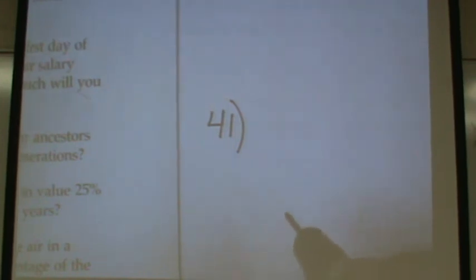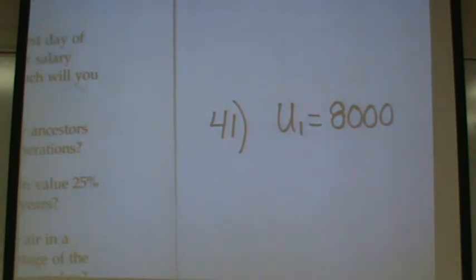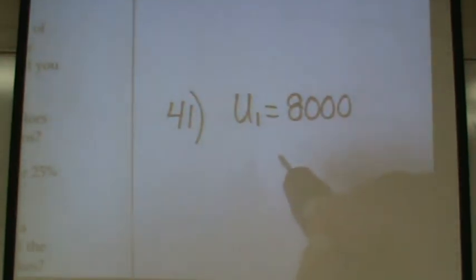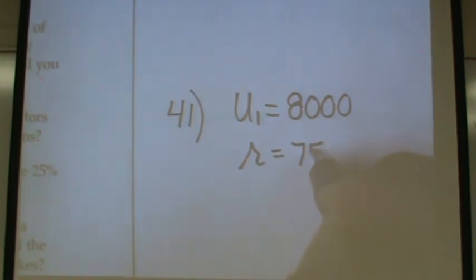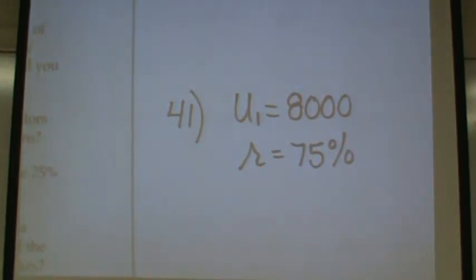You have an initial amount of $8,000. Okay, it is depreciating 25%. So if it's depreciating 25%, it's worth 75%. And that's your r value.